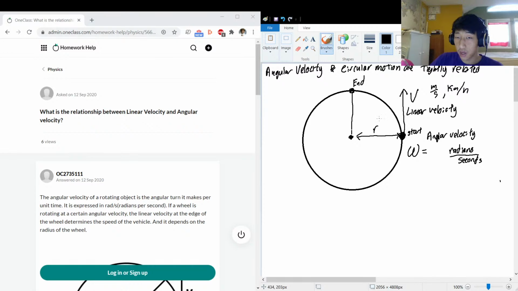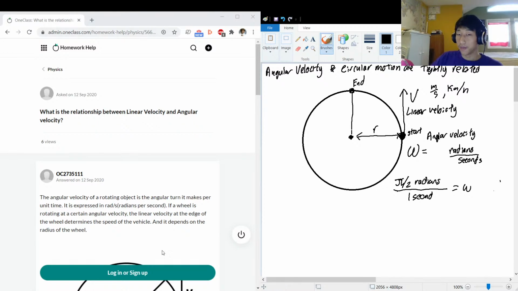So if we were to travel this in 1 second, we would have pi over 2 radians per 1 second. And that would be our omega value, if that was the case.